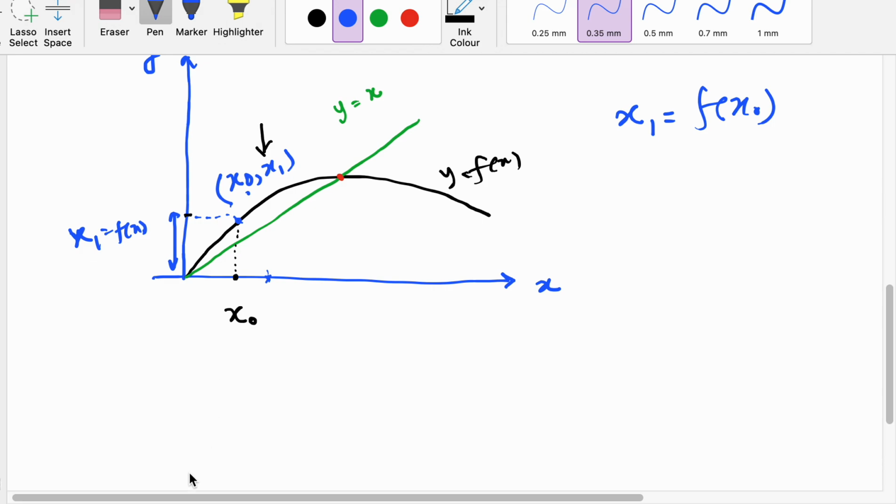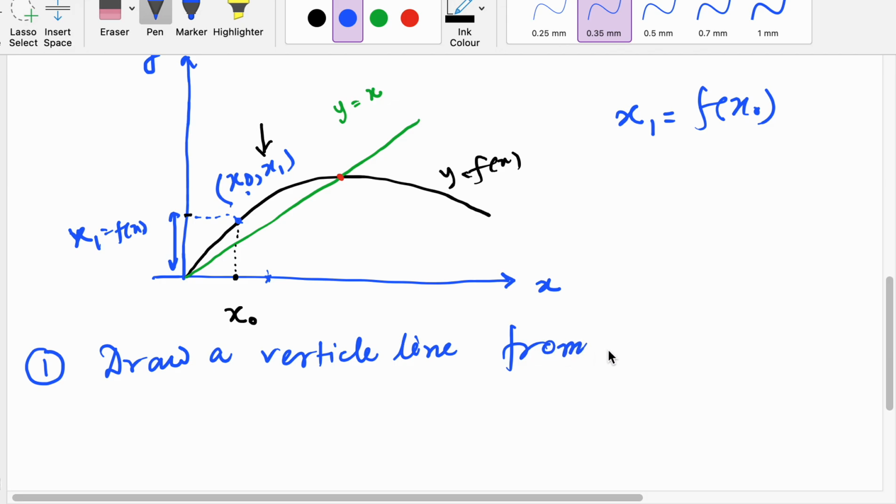The systematic approach is, first draw a vertical line from x0, and where it cuts the y equal to x axis, that point will become x0 comma x0.